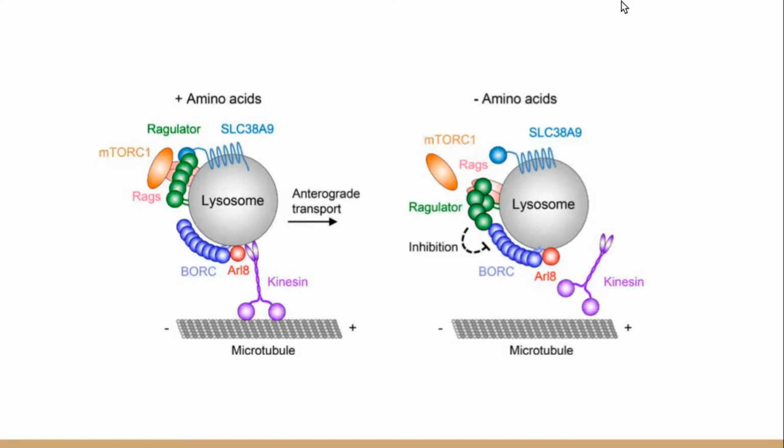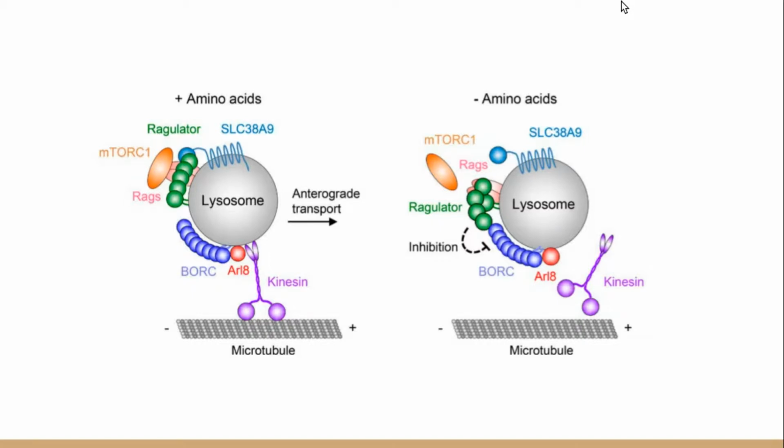However, during starvation, lysosomes are moved towards the perinuclear region where they meet up and fuse with autolysosomes or autophagosomes. So in research into starvation, a big question is how lysosomes and autophagosomes are transported and how that transport is coordinated by nutrient levels.